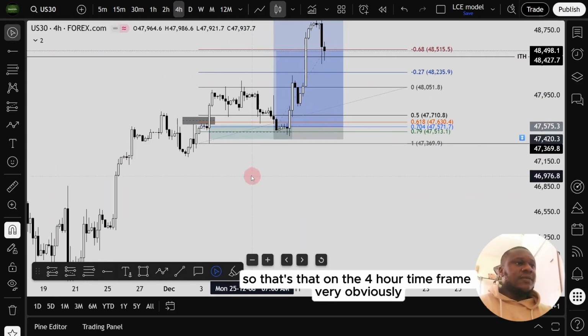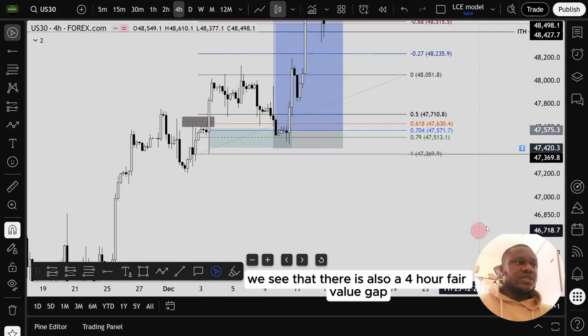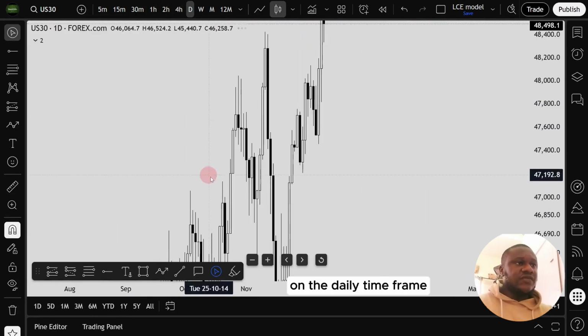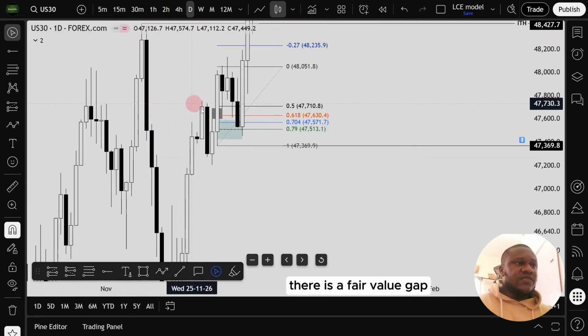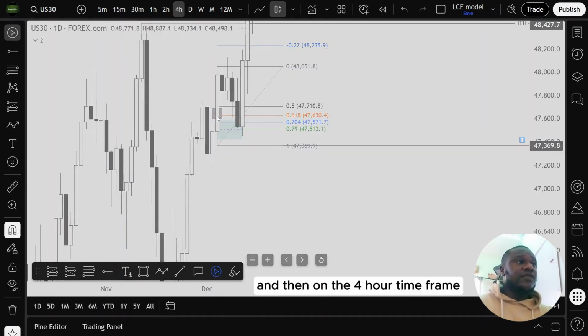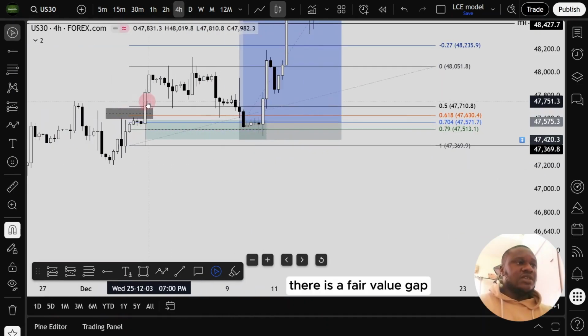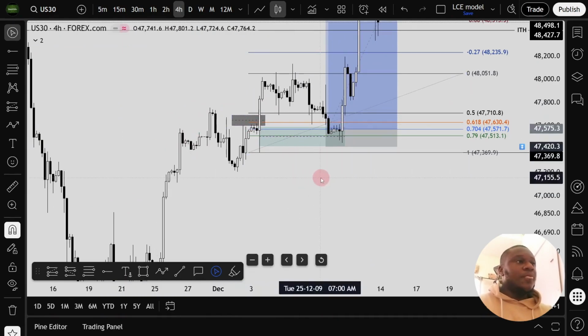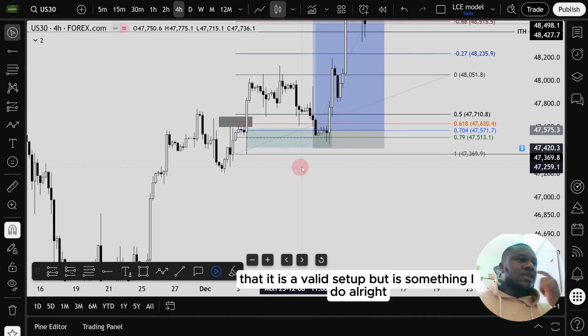On the 4-hour time frame, very obviously we see that there is also a 4-hour fair value gap, which signifies that it is a valid setup. On the daily time frame, there is a fair value gap, which signifies a valid setup. And on the 4-hour time frame, there is a fair value gap, also signifying a valid setup.